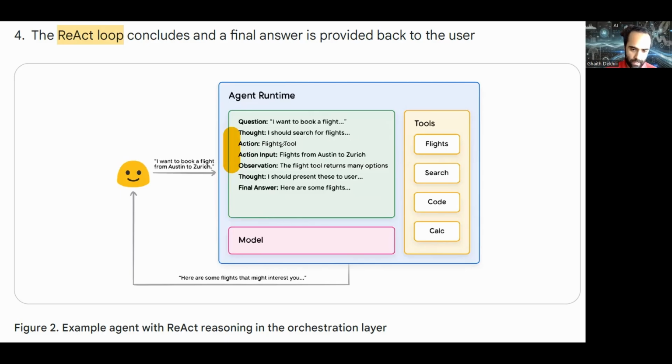The model decides to give the departure and the destination of the flight. This will be passed to the tool. And in the observation step, we have the tool output, which is, let's say, many options that the user should choose from. After that, the model decides that it should directly present this output to the user.